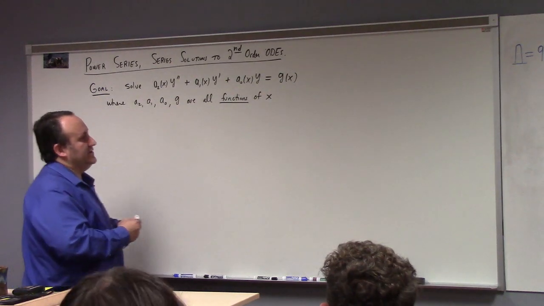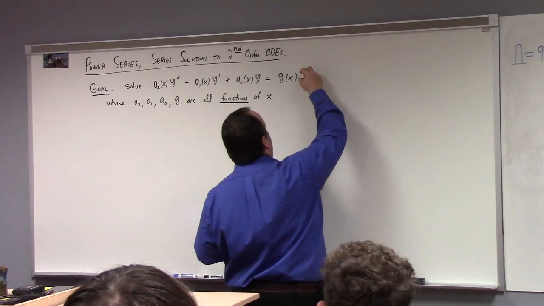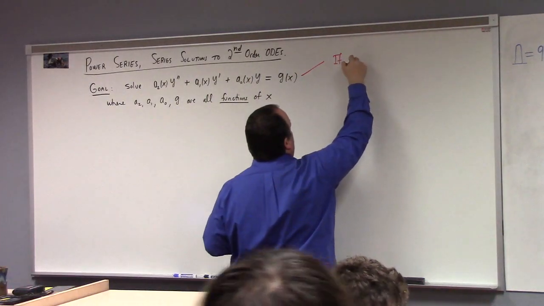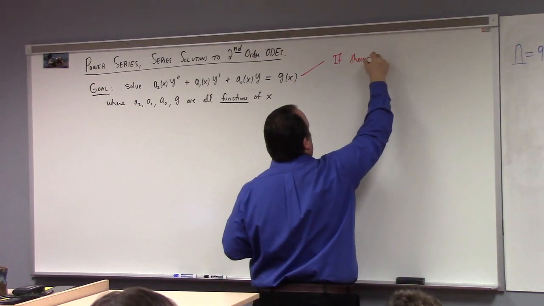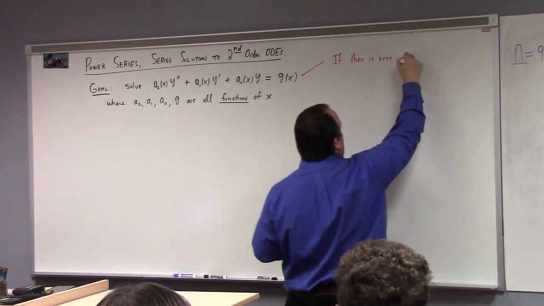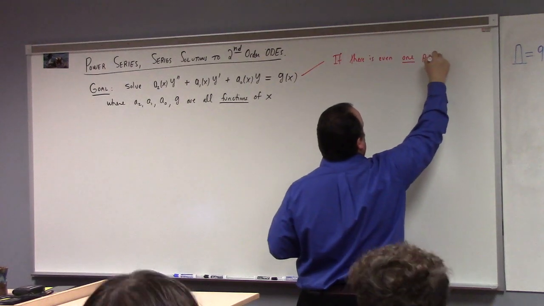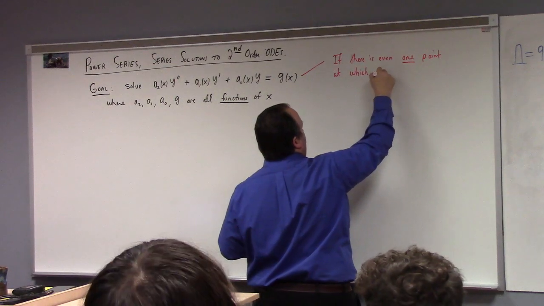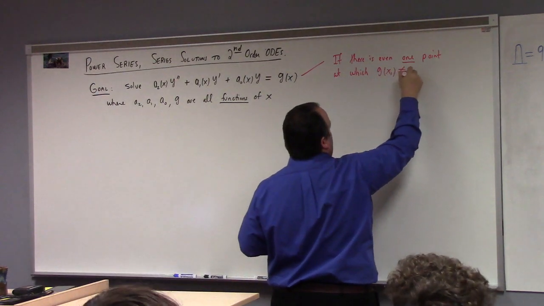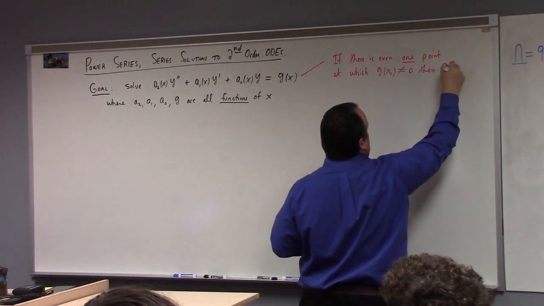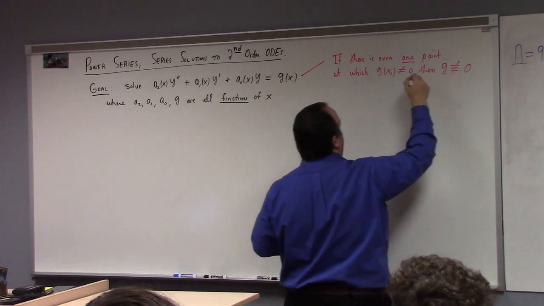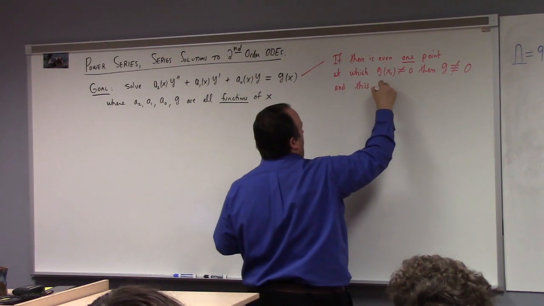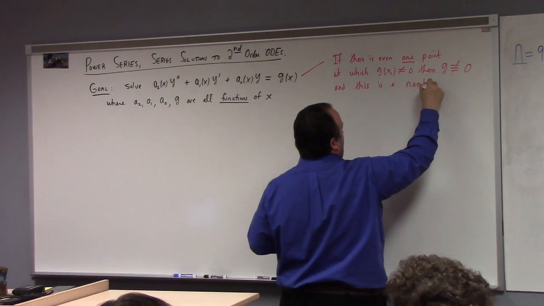By the way, a bit of terminology that we should all know: if there is even one point x1 at which g of x1 is not equal to 0, then g is not identically equal to 0, and this is a non-homogeneous problem.